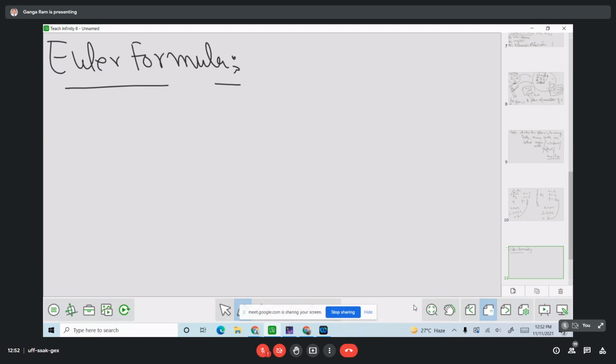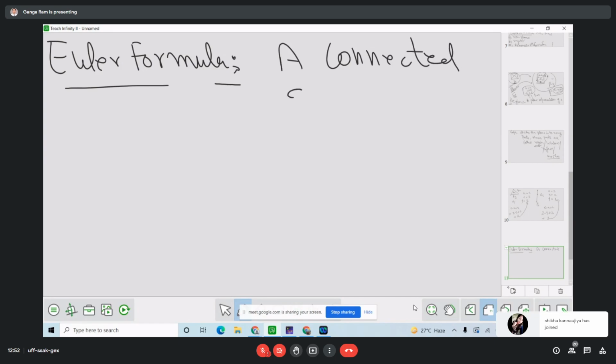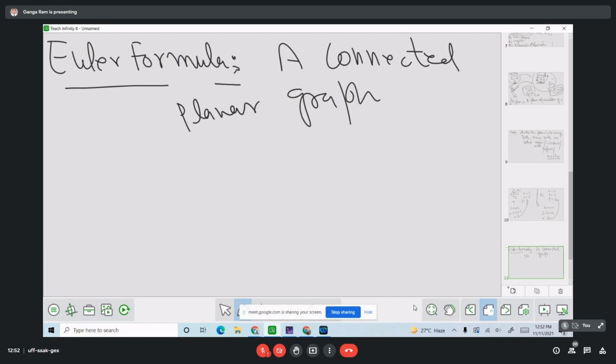And what is the formula? This is the theorem. We can say that a connected and also planar graph. Without being planar it is not possible; the graph must be planar.